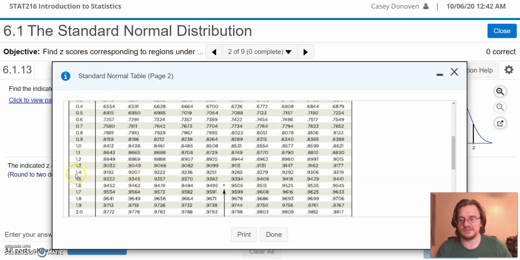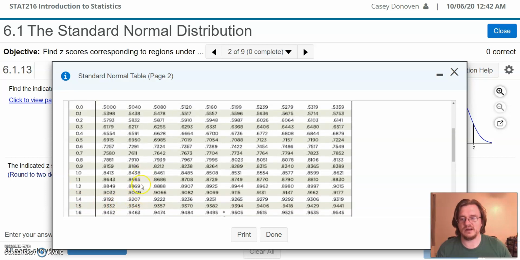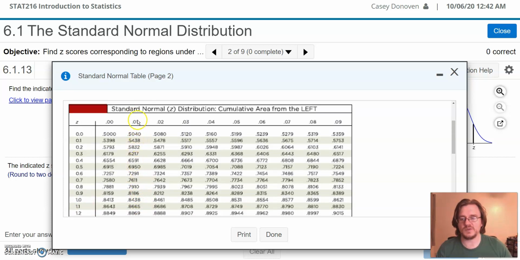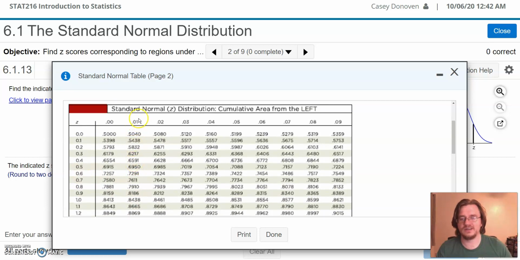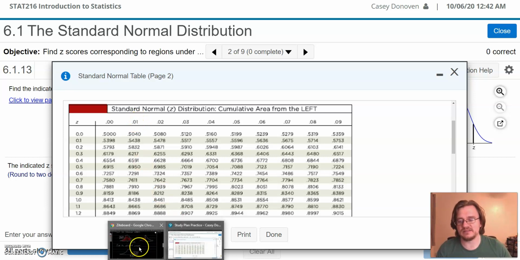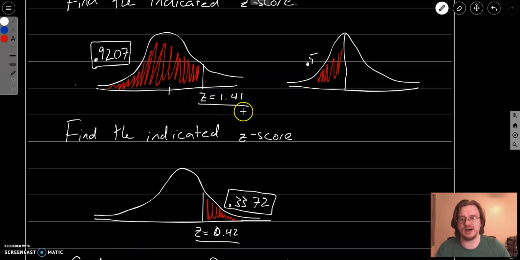The first two digits are 1.4, and we're in the second column, which corresponds to the second decimal place being 1. So 1.41. Again, we found the same answer that way as we did here.